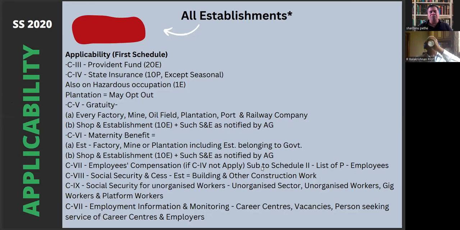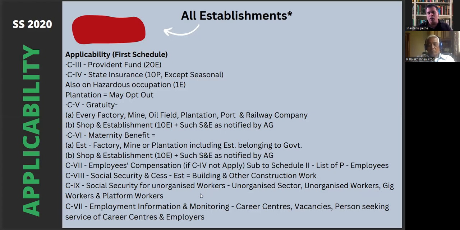Then comes chapter number 13, Social Security and cess. The cess will be applicable to establishments which are doing building and other construction work. They will have to pay cess for the benefit of the workers.